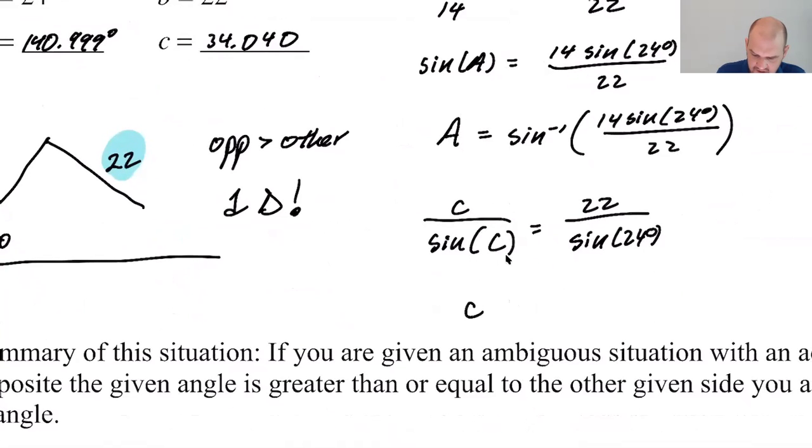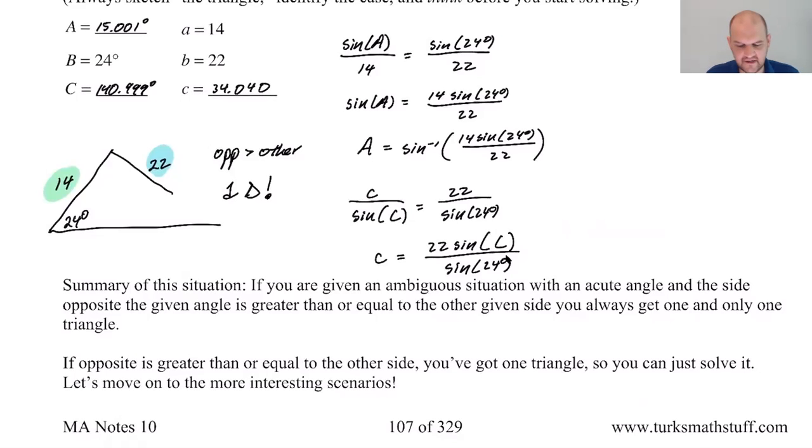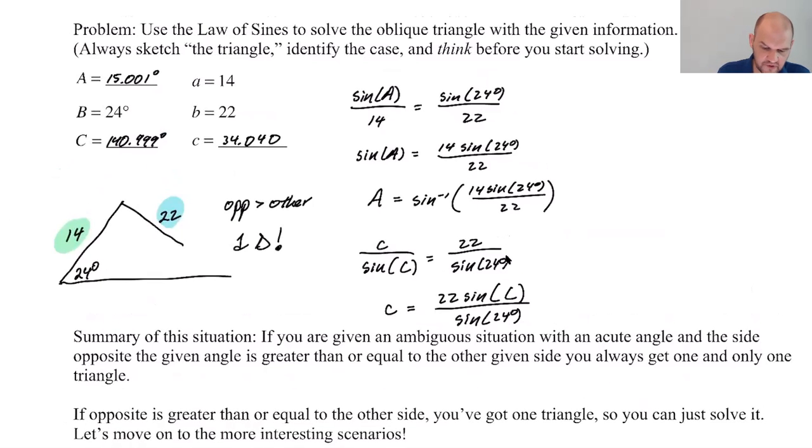So C is going to be 22 sine of C over the sine of 24, and you get that. So this is the textbook example. I guess, if the notes are the textbook, this is literally the textbook example. Let me highlight some things so you can see where they came from. I guess that's literally the only thing I really need to show.